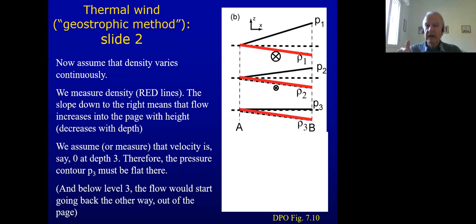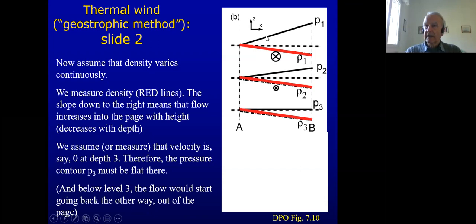The slope down to the right means that flow into the page decreases with depth. We assume or measure that velocity is 0 at depth 3, for example here, and therefore the pressure contours must be flat. These are the pressure contours.